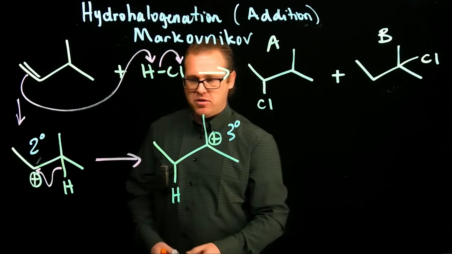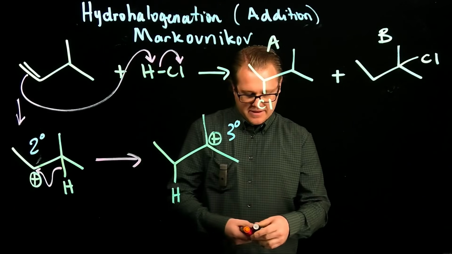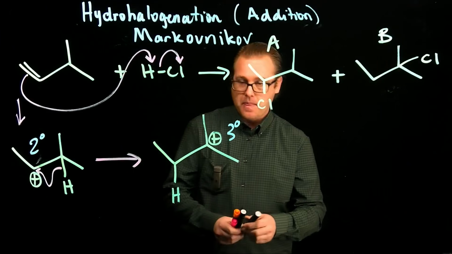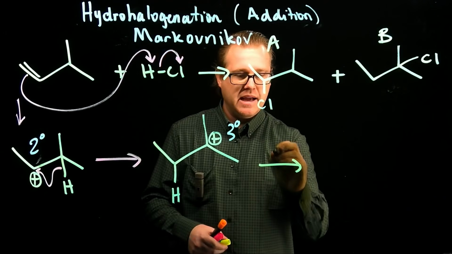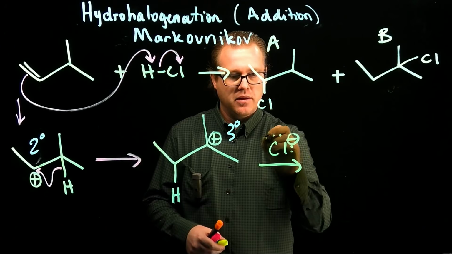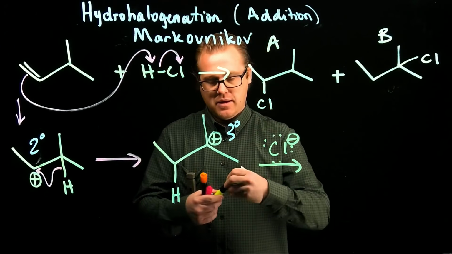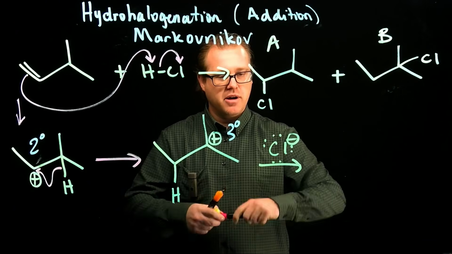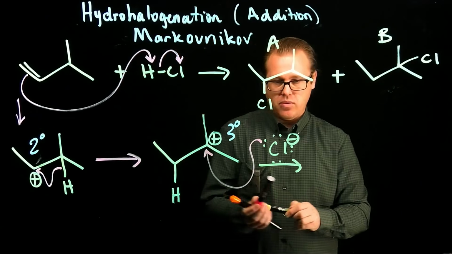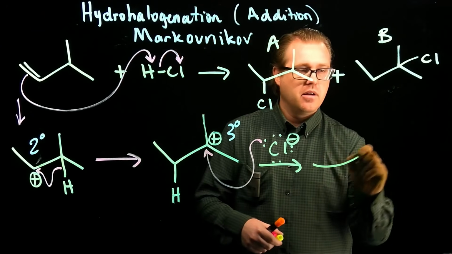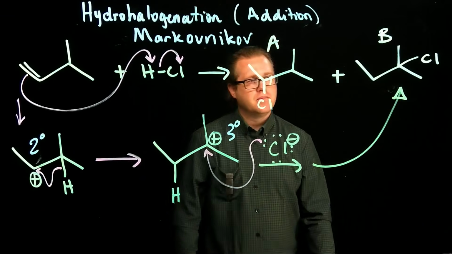Way more stable. And so what's going to happen here is now our chloride is going to want to attack. It's going to attack this tertiary carbocation. I'll draw it like this. And that's going to give us our product B.